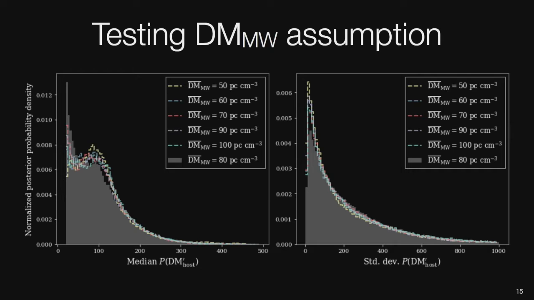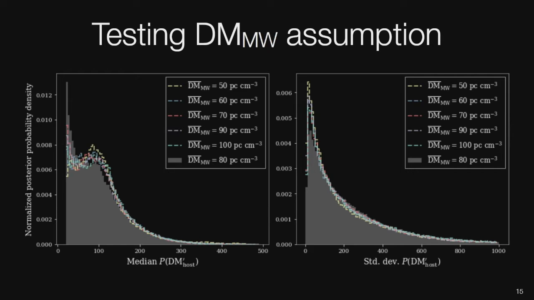So what we did was check our sensitivity to the assumption of DM Milky Way that we made. I think our fiducial value was 80 parsecs per cubic centimeter, but we did repeat this analysis for DM of Milky Way 50, 60, 70, 90, 100, in those intervals of 10.